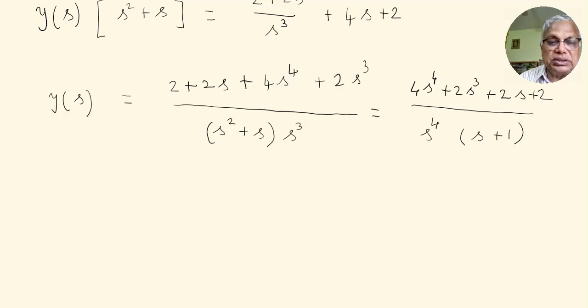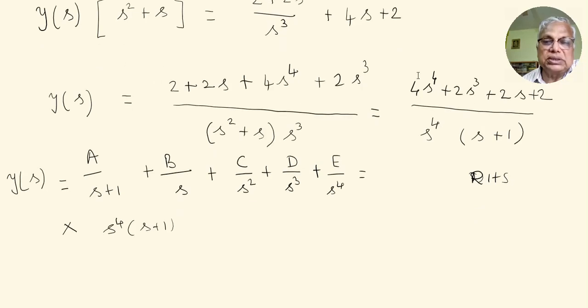Splitting this, you'll have A by s plus 1, B by s, C by s square, D by s cube, E by s power 4. The s is repeated 4 times, so you'll have 4 constants B, C, D and E.